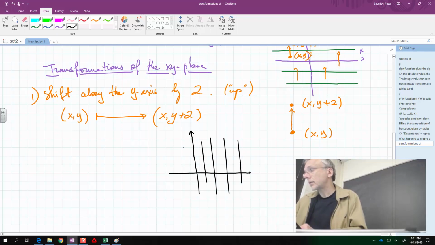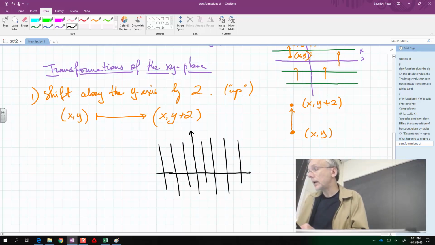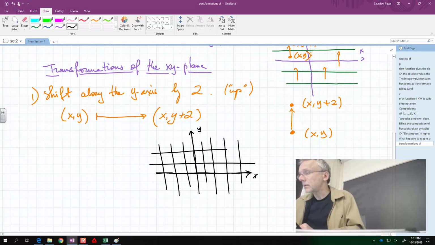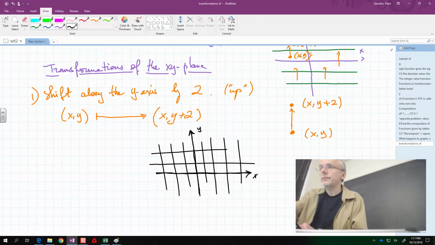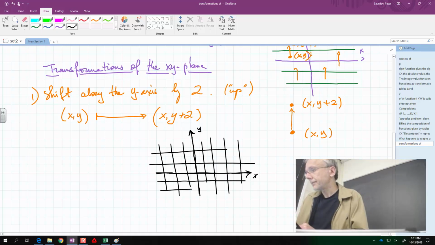This is the xy plane. It has axes, it has the grid, and the marks 1, 2, 3, -1, -2.